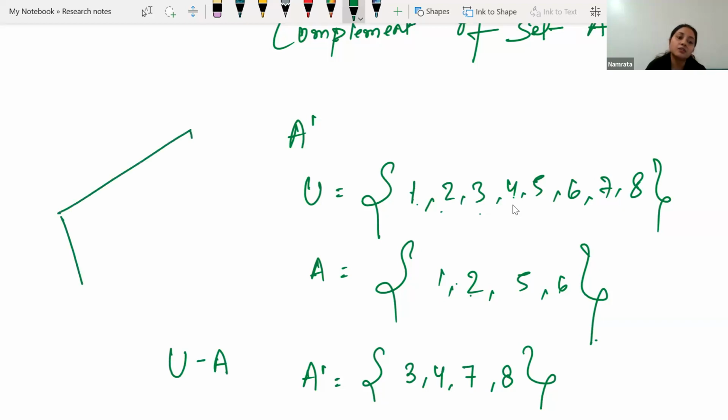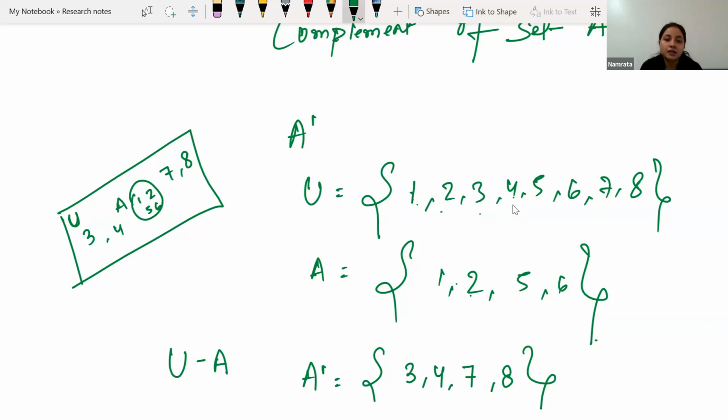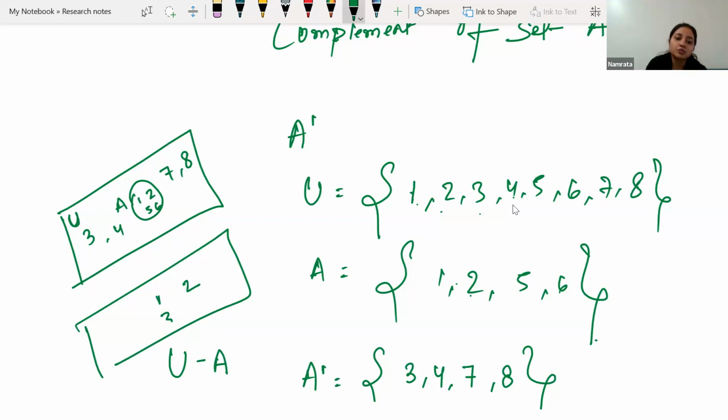The Venn diagram of complement of A will be, let's say we have set A having elements 1, 2, 5, 6, and the universal set is having 3, 4, 7, 8 as well. Then we can see universal set means this rectangular box is having everything: 1, 2, 3, 4, 5, 6, 7, 8.